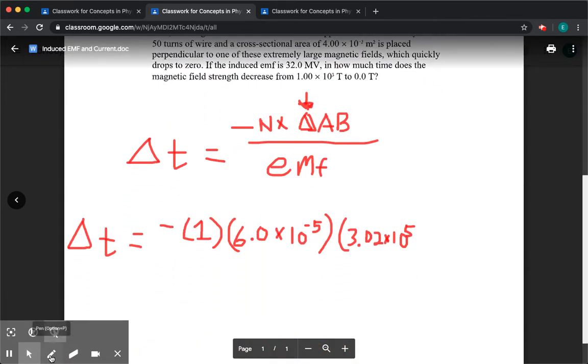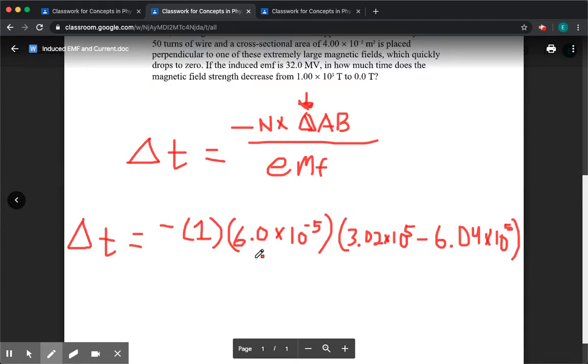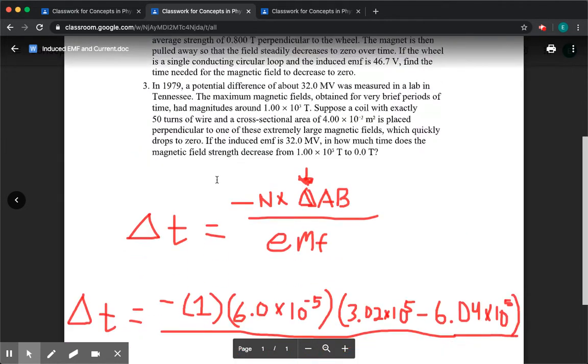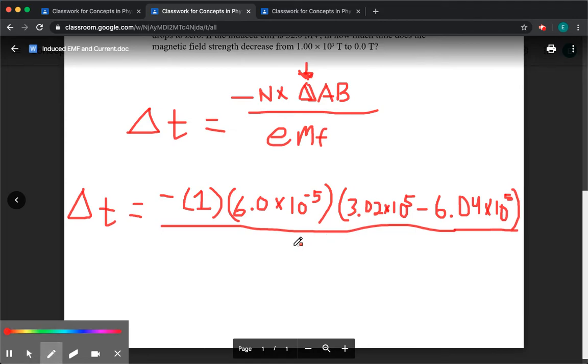It's your final minus your initial. Your initial is what you had in the beginning, so this would be 6.04 times 10 to the fifth. And then you divide that whole thing by the voltage. And the voltage that we have is 0.8.